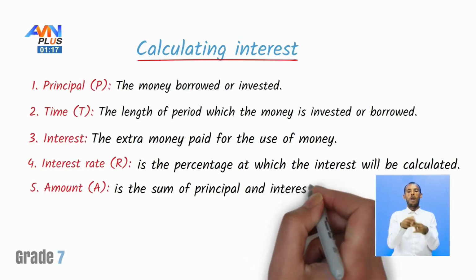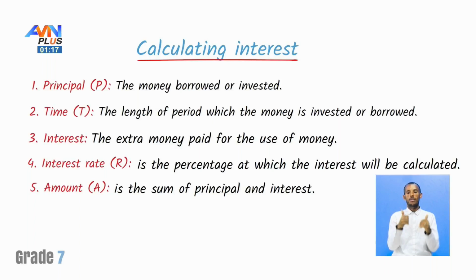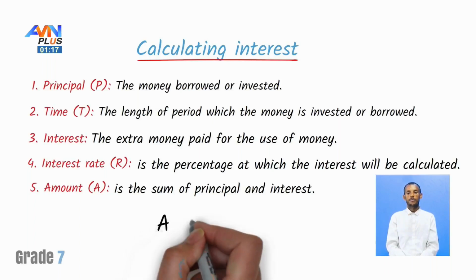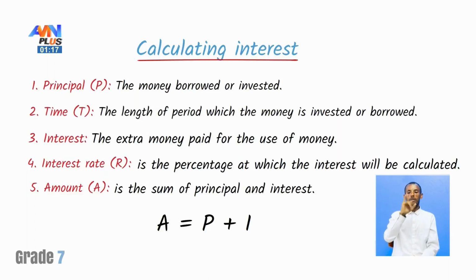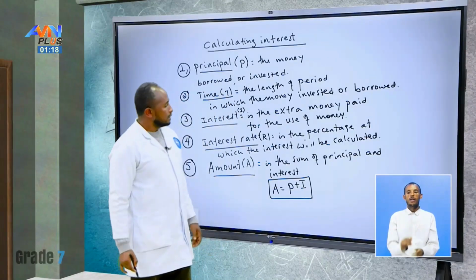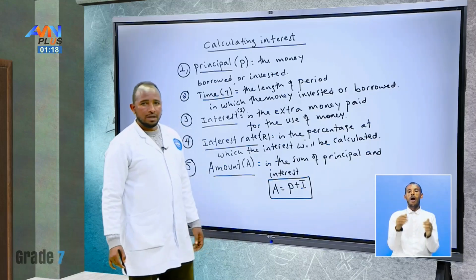So amount is the sum of principal and interest. Or simply we can write: amount is given by P plus I, the principal plus the interest gives you amount. You see it? Now, let's see an example for this.